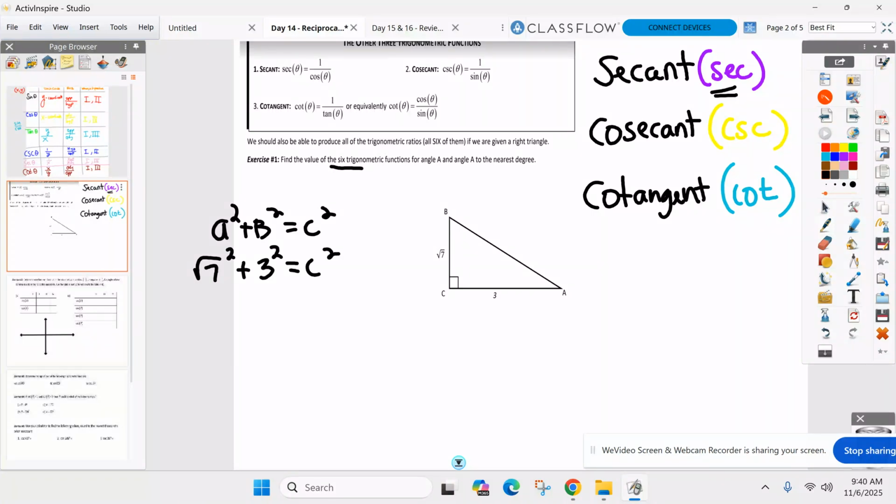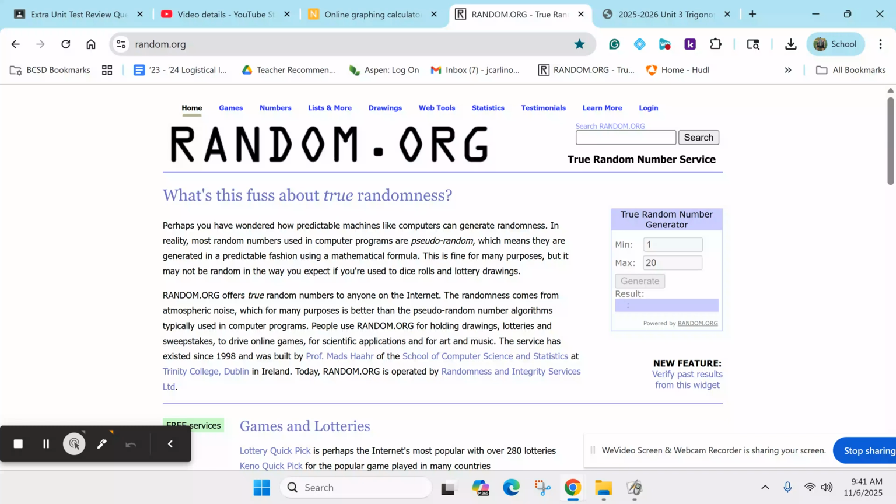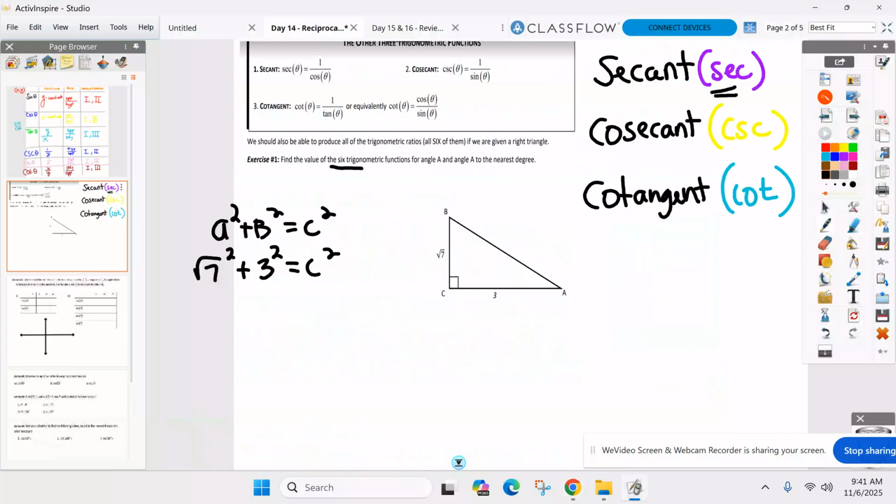Leave it in simplest radical form if it needs to be. It's actually not going to need to be in simplest radical form. When you have that hypotenuse, let me know, Henry. 4, good. Everyone label your hypotenuse with 4.